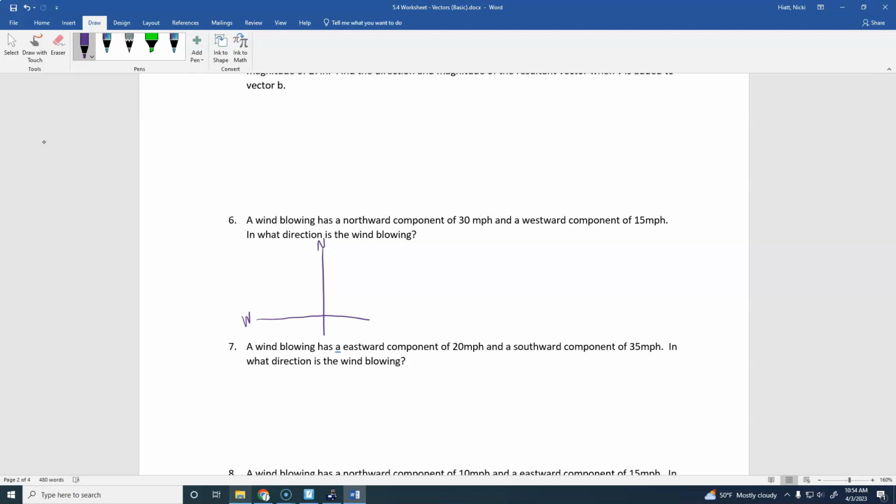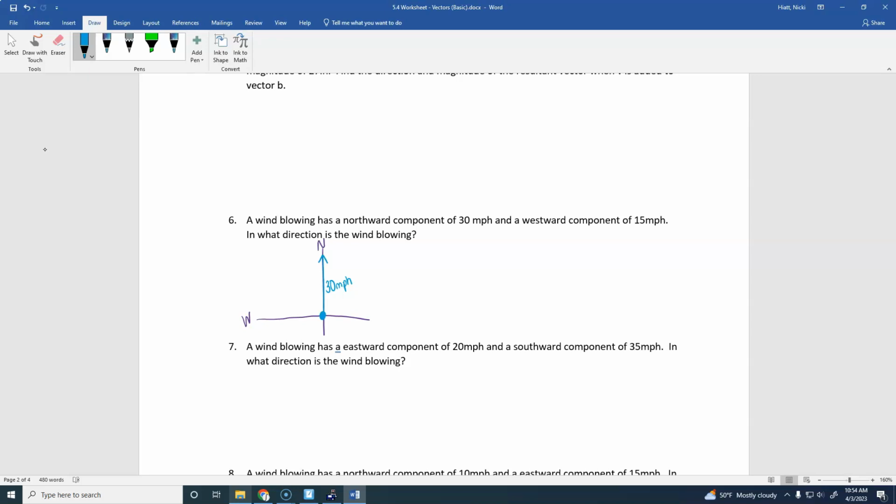I have a northward component of 30. So I'm going to start at the origin here. I'm going to draw myself a vector, and I'm going to label it 30 miles per hour. I also have a westward component of 15.